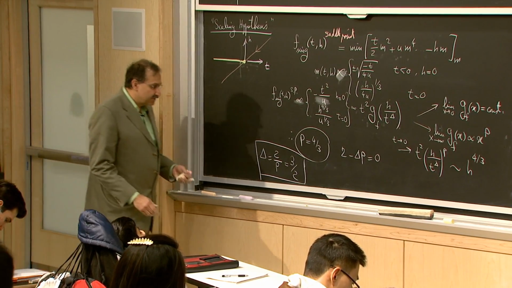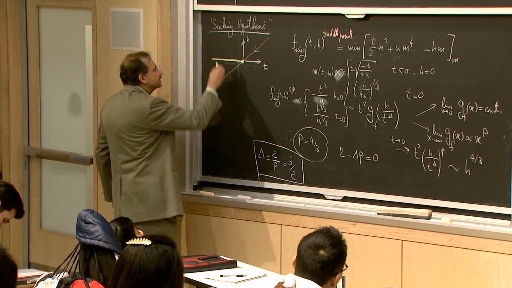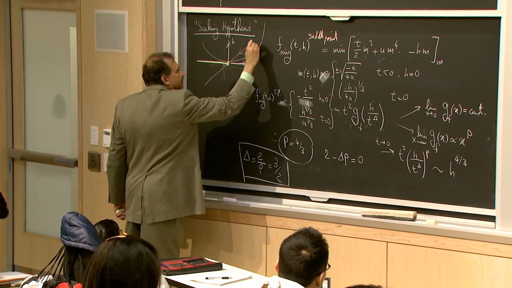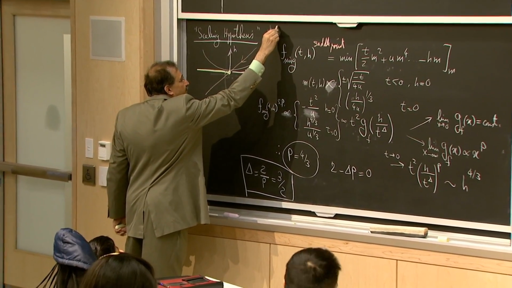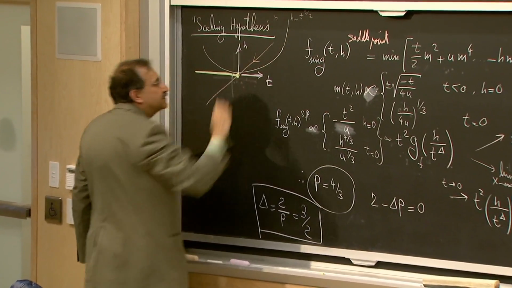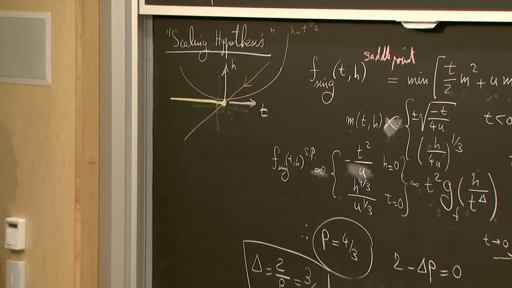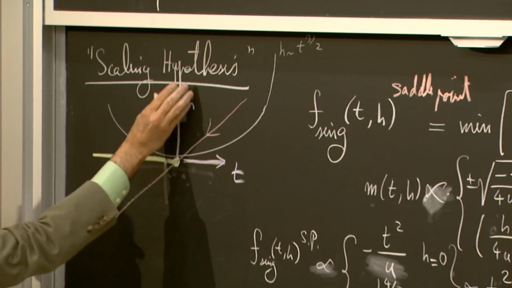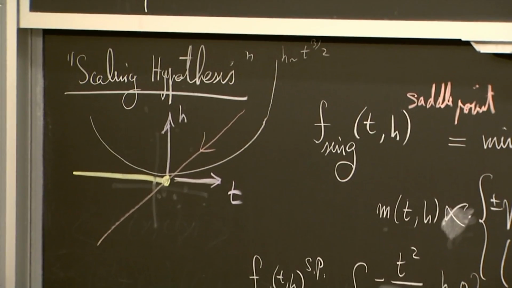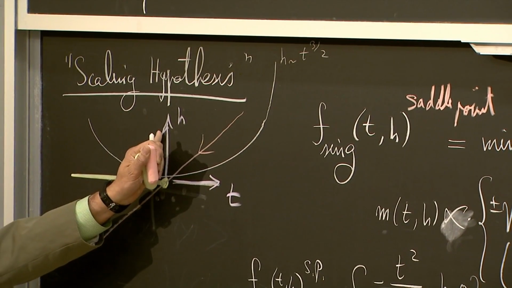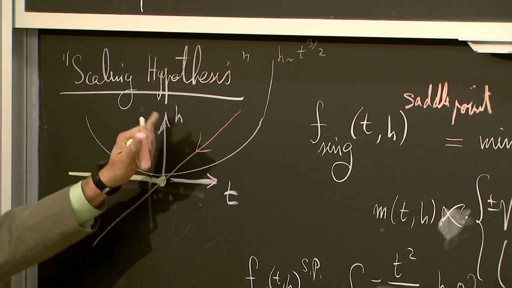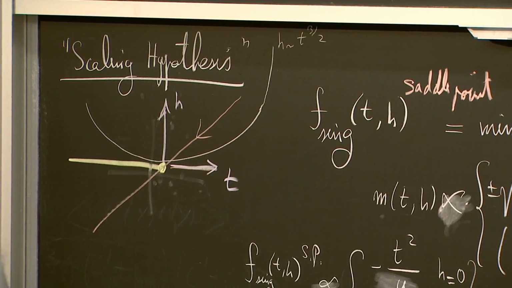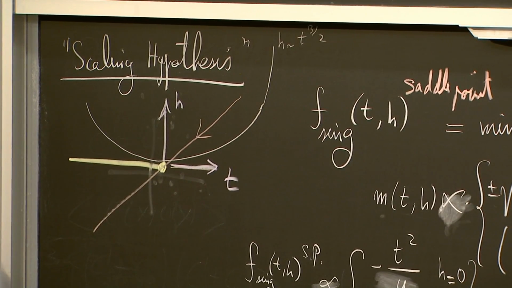So for example, if I were to draw here curves where h goes like t to the 3/2, with some coefficient, I don't know what that coefficient is, then essentially everything that is on the side that hugs the vertical axis behaves like the h singularity. Everything that is over here behaves like the t singularity.